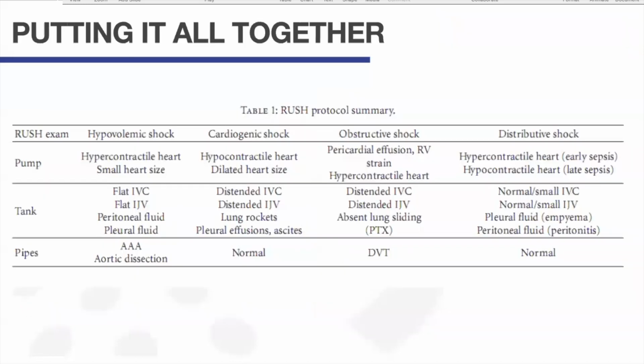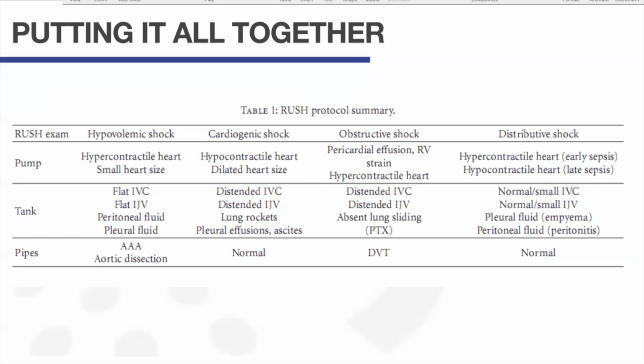So how do we put it all together on the pump, tank, and pipes? Hopefully when you do the RUSH protocol, you're able to differentiate between hypovolemic, cardiogenic, obstructive, and distributive shock. In this table, if you have a patient with a hypercontractile heart and small heart size, as well as kissing IVC, they may have peritoneal or pleural fluid if they are losing fluid.